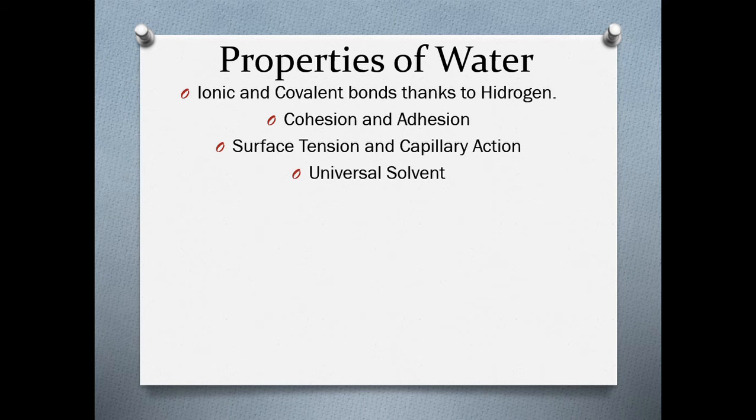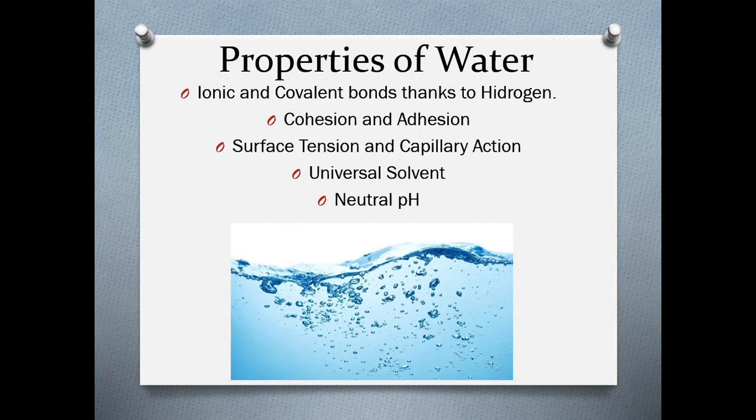We have that water is a universal solvent. So it is a universal solvent because it can dissolve most of the substances that we can find around. And we also find that it has a neutral pH. So when we talk about the pH scale, remember that the neutral pH for water is 7.